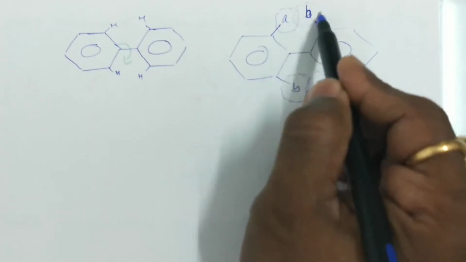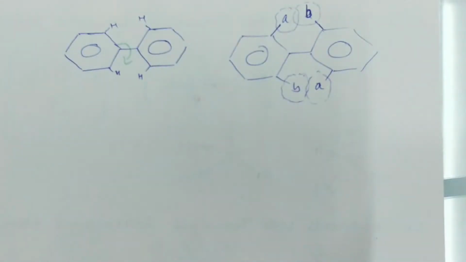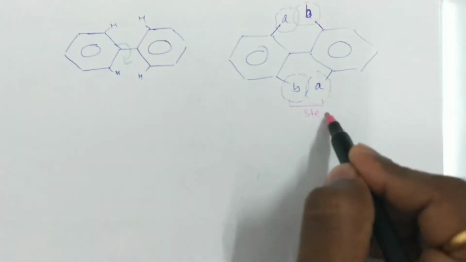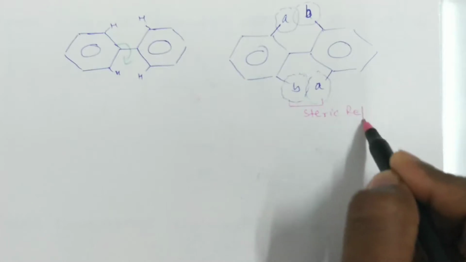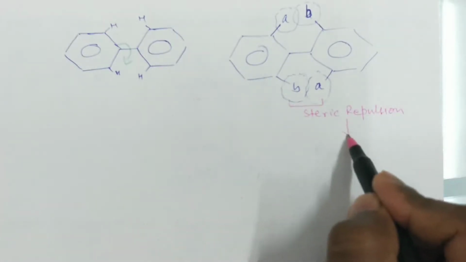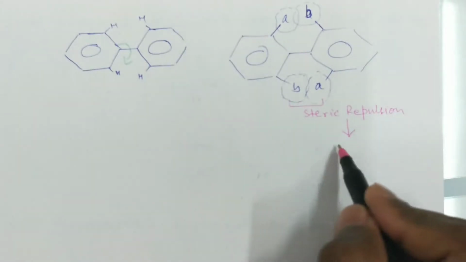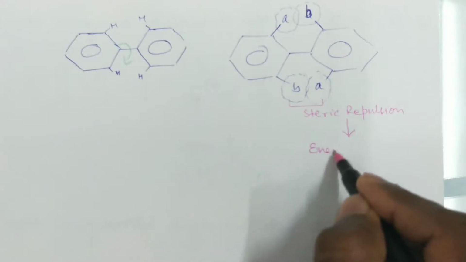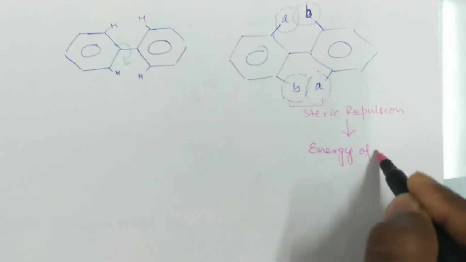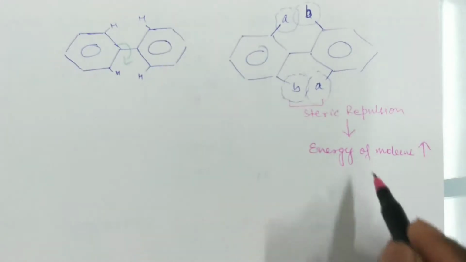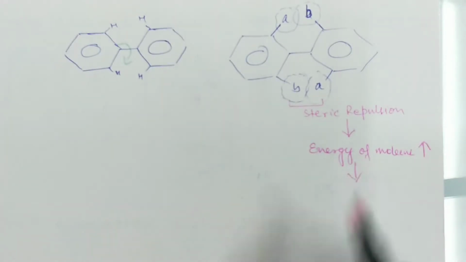All of you already know that if two non-bonded groups come close to each other, then they offer steric repulsion. What is the cause of this steric repulsion? The energy of the molecule will increase.